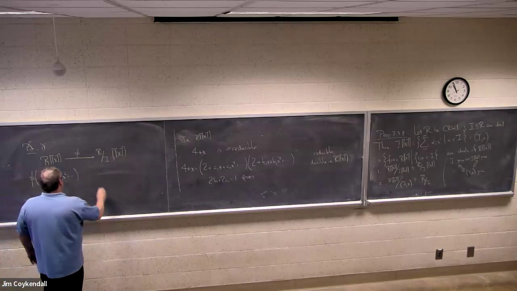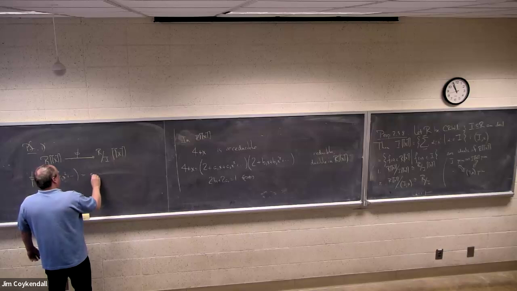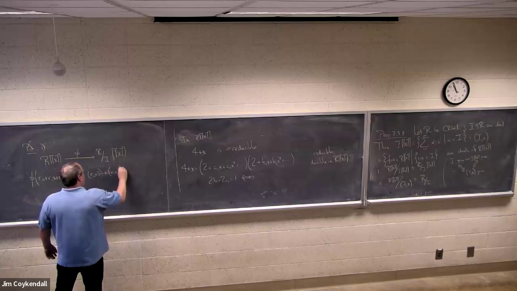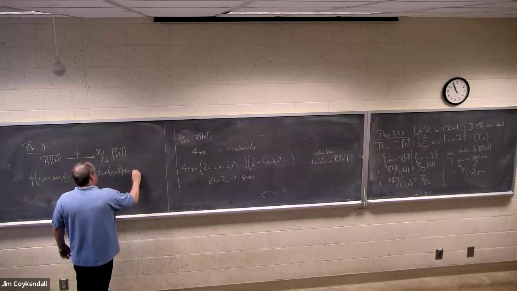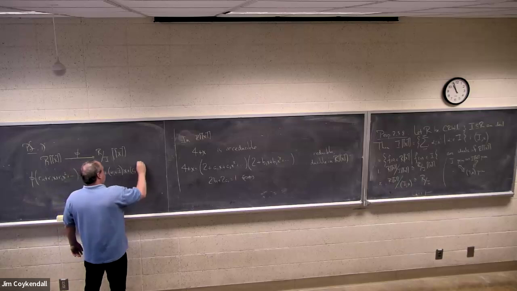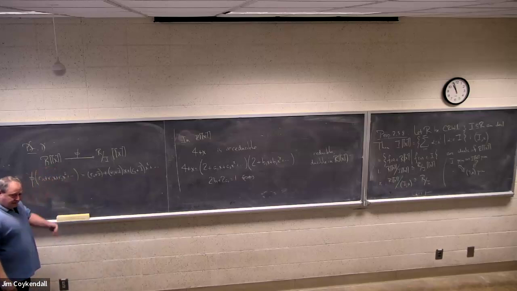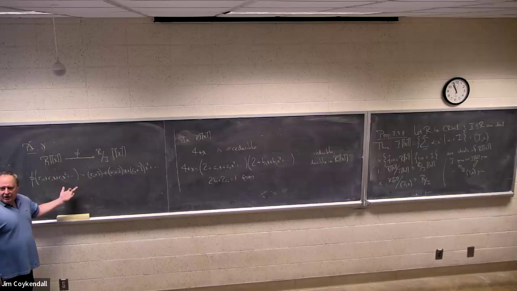This goes to the reduction of r0, plus r1 x, plus r2 x squared, like that. I will let you verify that this is a homomorphism.